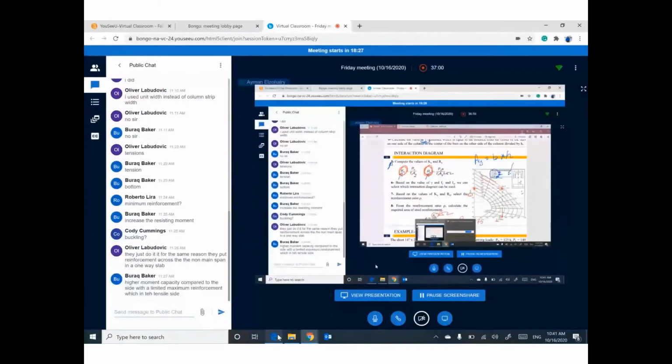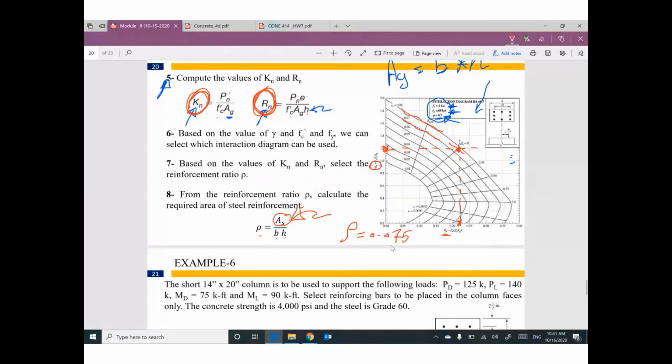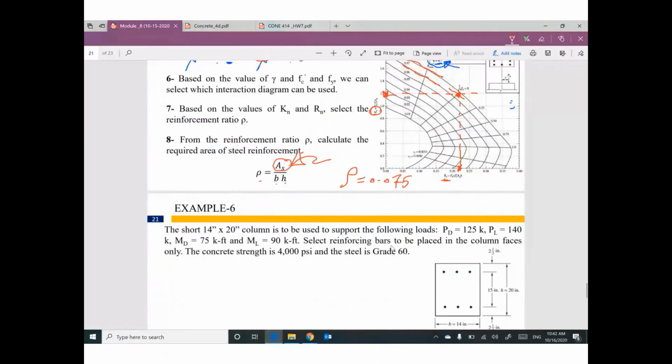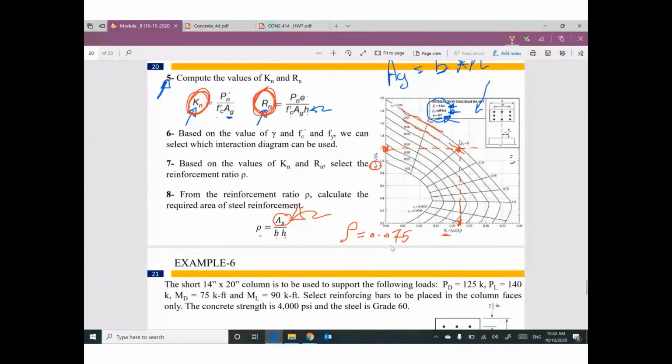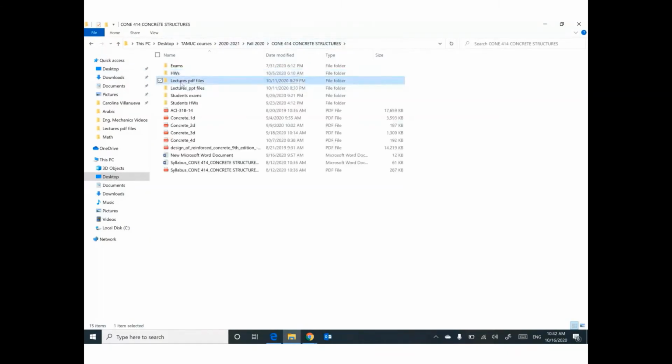Let's do an example. But if you have any question, let me know. These interaction diagrams, you can get them from tables.